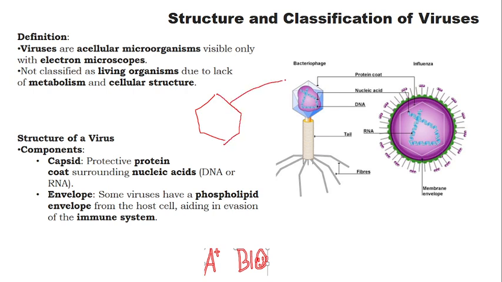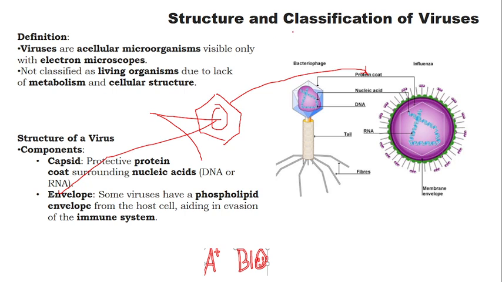This one is the capsid made of protein. You can also call it a protein coat. And inside the virus, they have either DNA or RNA. They don't have both. It means there is DNA virus and also RNA virus. There is no virus which can contain both DNA and RNA.